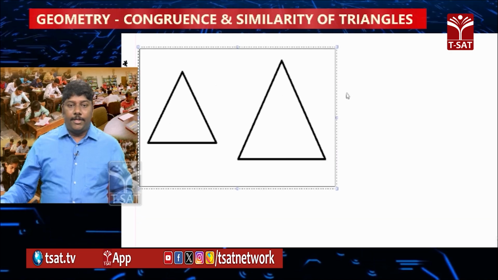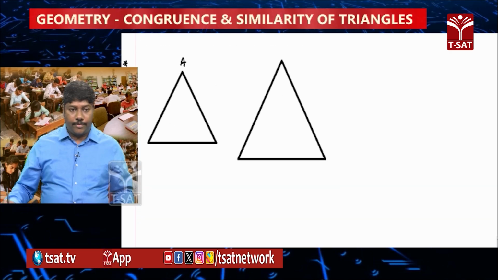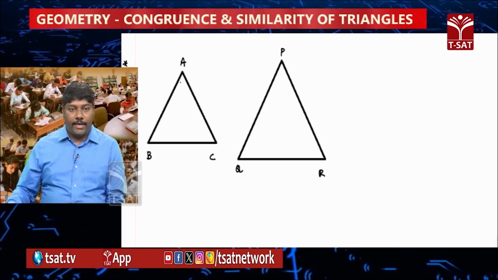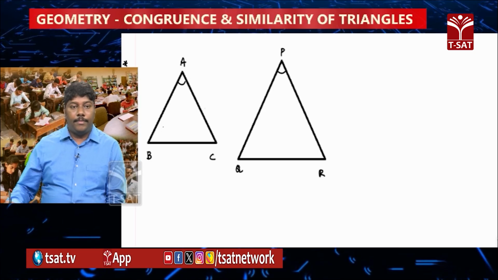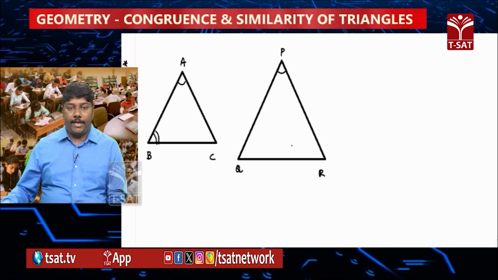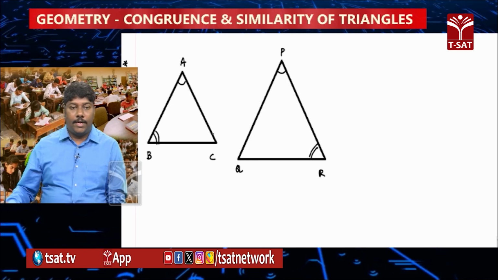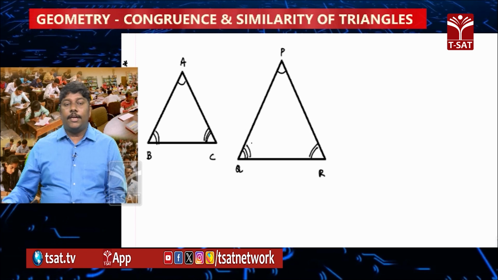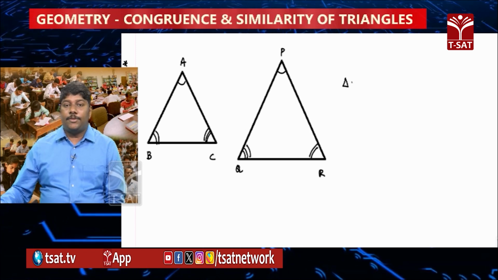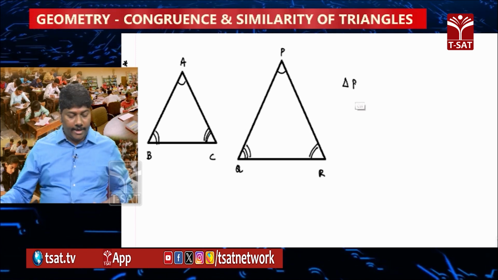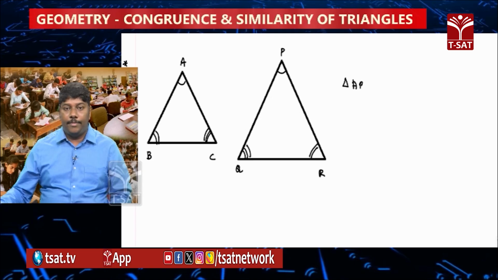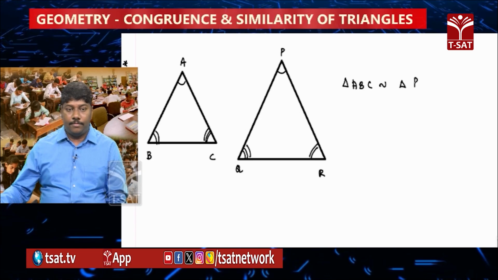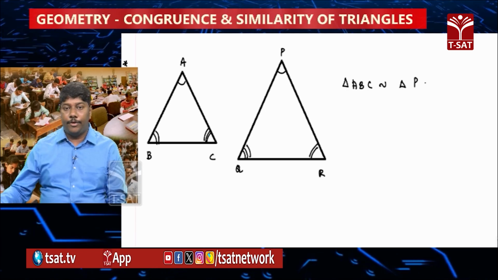I have taken two similar triangles. These triangles are similar, ABC, PQR. Suppose angle A is equal to angle P, but angle B is equal to angle R, and angle C is equal to angle Q. Here triangle ABC is not similar to PQR. In fact, triangle ABC is similar to what? Angle A is P, B is same as R, therefore PRQ.